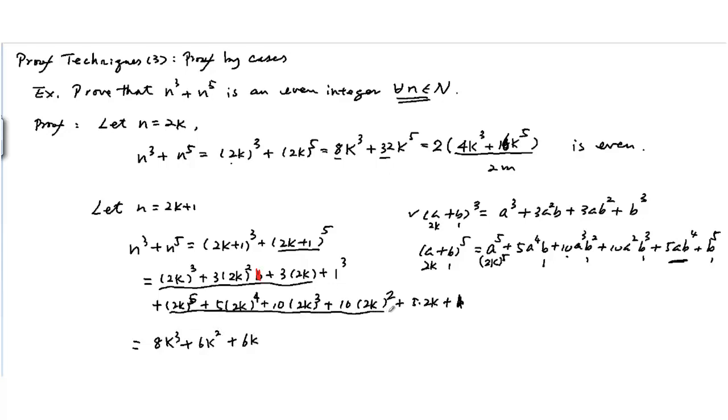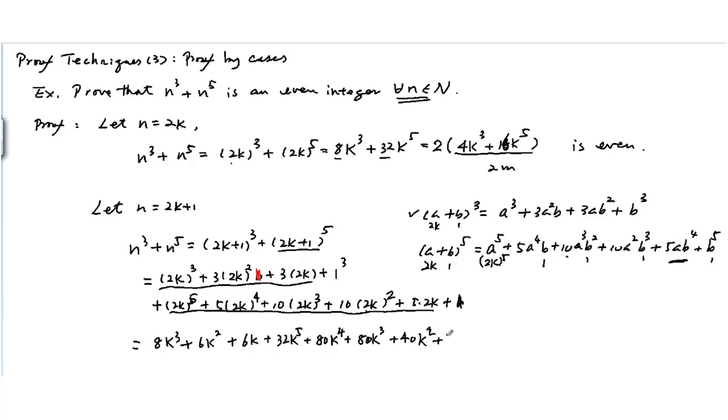Then over here, 2 to the fifth power is 32, so 32k to the fifth power. 2 to the fourth power is 2 times 2 is 4, 4 times 4 is 16. 16 times 5 is 80k to the fourth power. 2 to the third power is 8, and 8 times 10 is 80k cubed. 2 squared is 4, 4 times 10 is 40k squared.